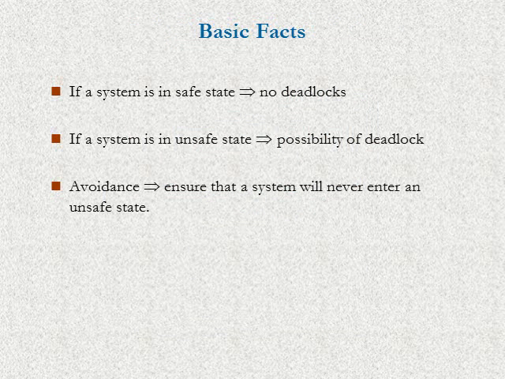So to wrap up, if the system is in the safe state, we say that no deadlock is possible in the system. However, if the system is in the unsafe state, then we have a possibility of deadlock. An avoidance mechanism means that we ensure that the system will never enter into an unsafe state.